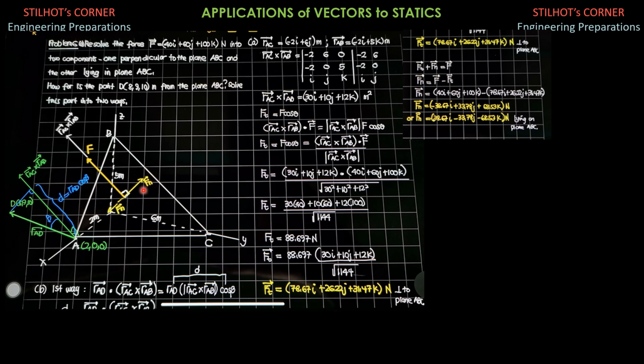Take note that because these components are perpendicular, the vector sum of the tangential component, or Ft, and the normal component Fn is equal to the vector F. So Ft plus the n component, the component lying on the plane ABC, is equal to F.